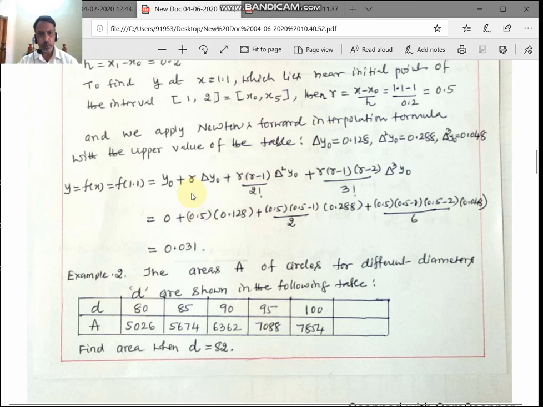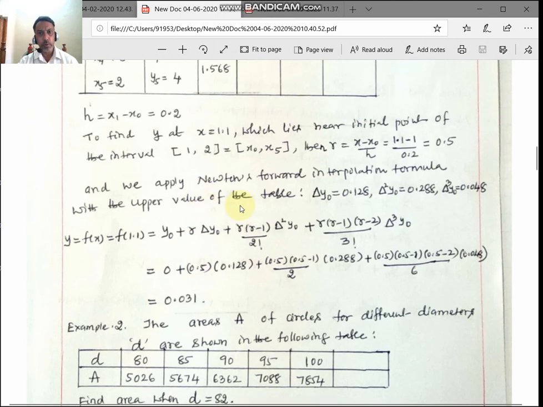And now we need to find the r value. To find y at x is equal to 1.1, which lies near the initial point of the interval 1 and 2, let us choose the interval 1, 2 as x naught, x1. Then r is given by x minus x naught by h.